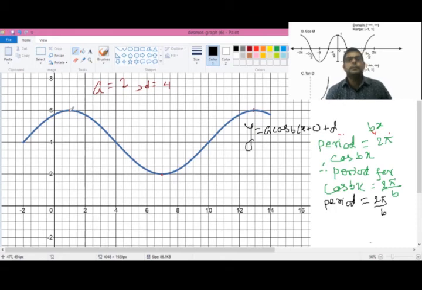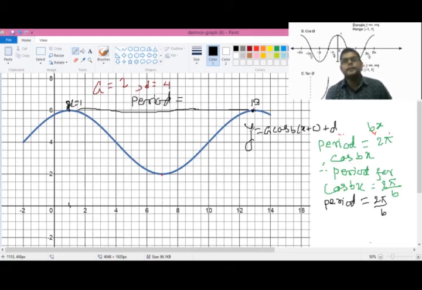Now let's see what the period is over here. If you are assuming this to be the cosine graph, period means the distance from one maximum to another maximum, or minimum to another minimum. Here the maximum points are obvious, so we take the reference of the maximum points only. Here x equals 1, and here the next maximum is at x equals 13, and the length between these 2 points will be the period of the graph.